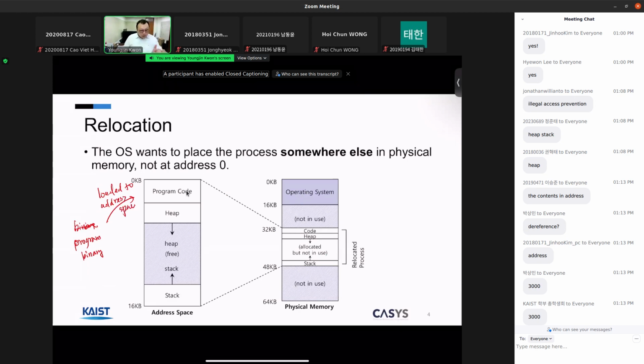In the virtual address space, which starts with 0, this has to be located somewhere in physical memory, let's say this region. But this physical memory region starts at 32 kilobytes. So the origin 0 has to be modified to 32 in physical memory, a process called relocation.